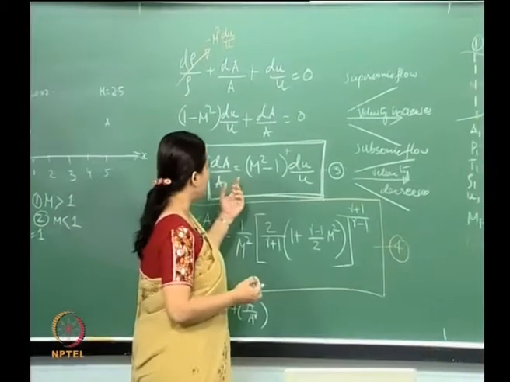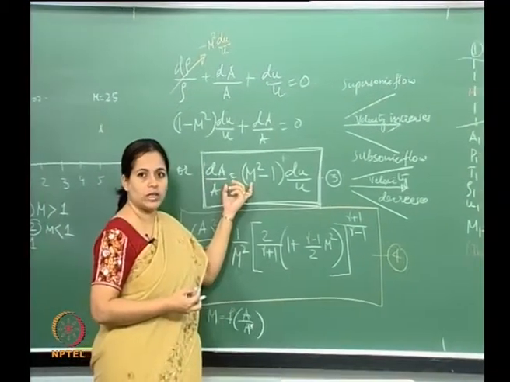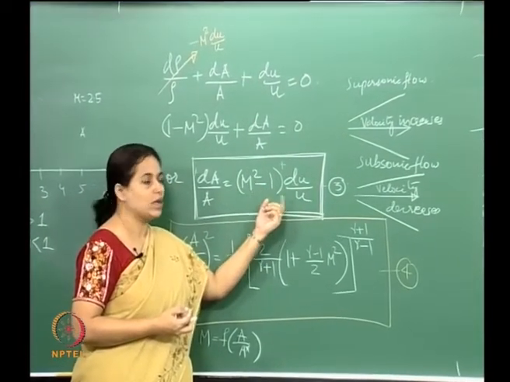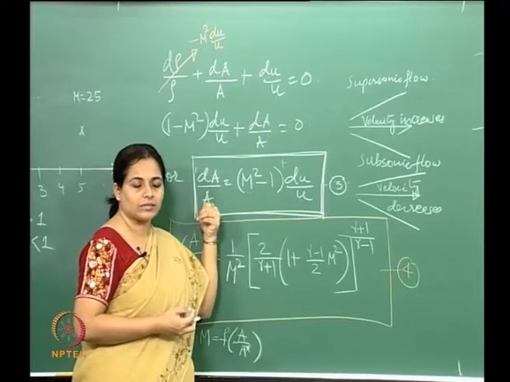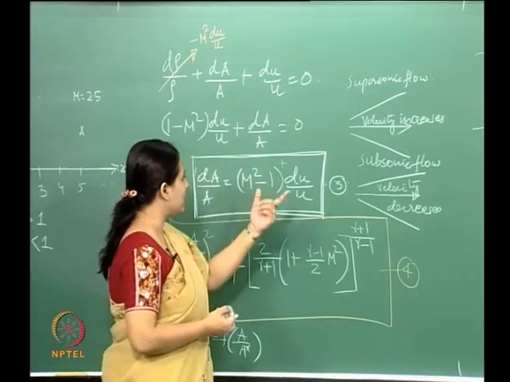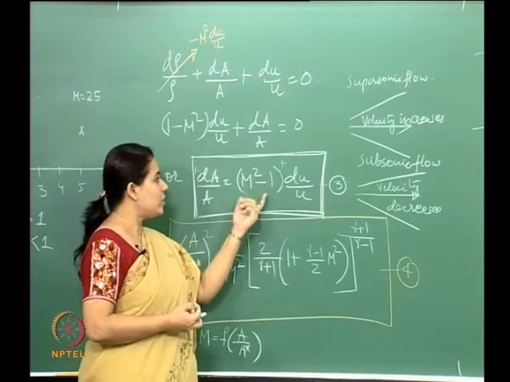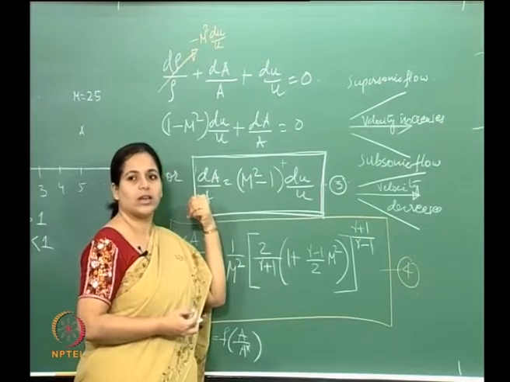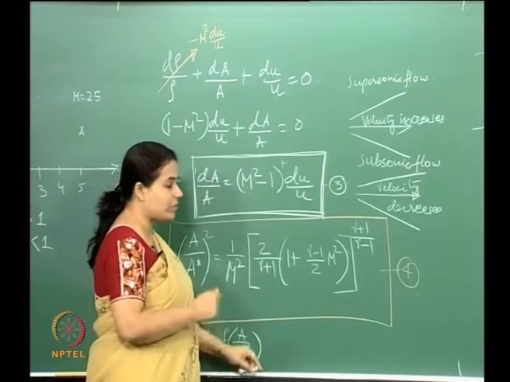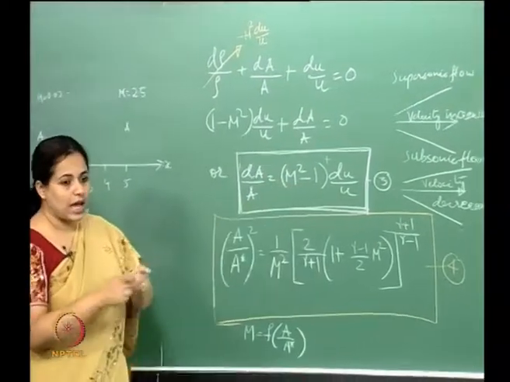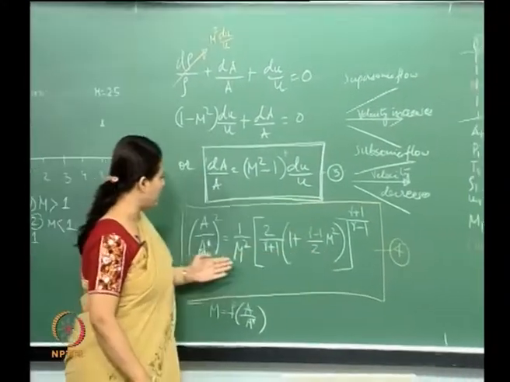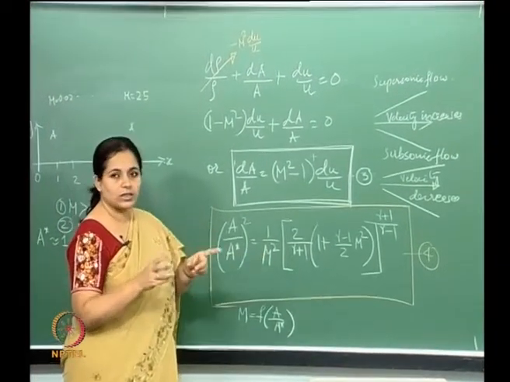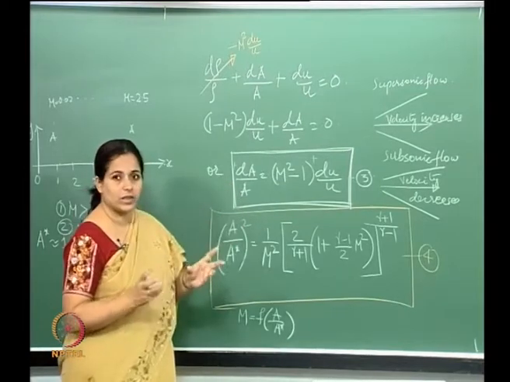So if the flow is subsonic and you need to increase the flow velocity, you need to decrease the area. Whereas in a supersonic case, if you need to increase the velocity, you need to increase the area as well. That is what we see from the equation here, and as I plotted in this Scilab, you can see for yourself how these two give us a lot of information.